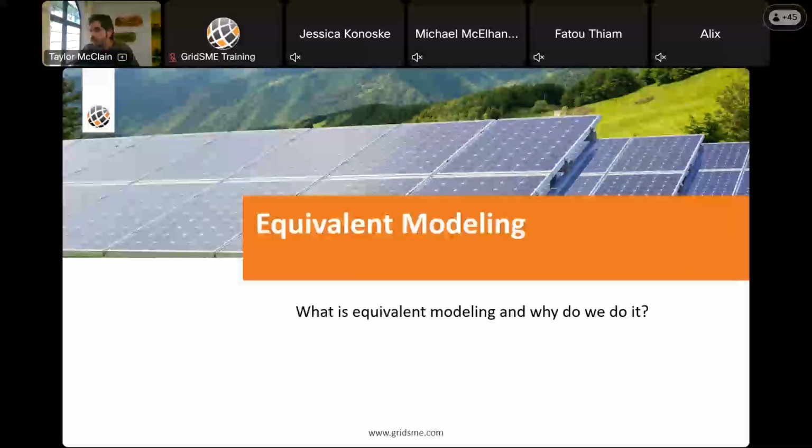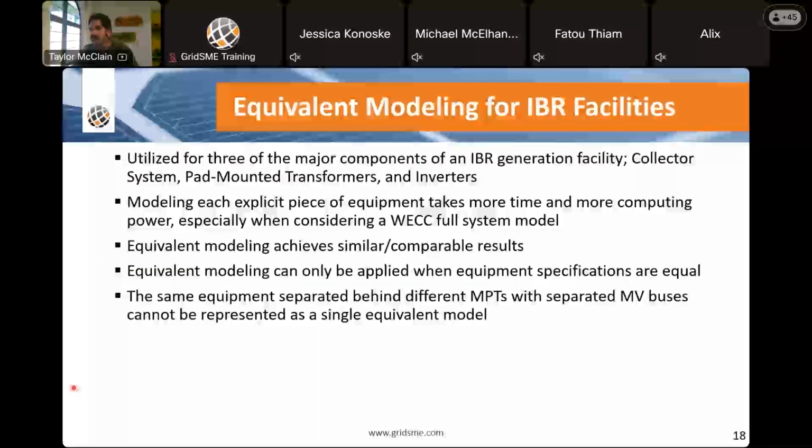So here we're going to talk about the equivalent modeling and why we do it. As I touched on a little bit earlier, there were 3 components in the discussion that need to be considered for equivalent modeling, and that's going to be your collector system, your pad-mounted transformers, and the inverters.